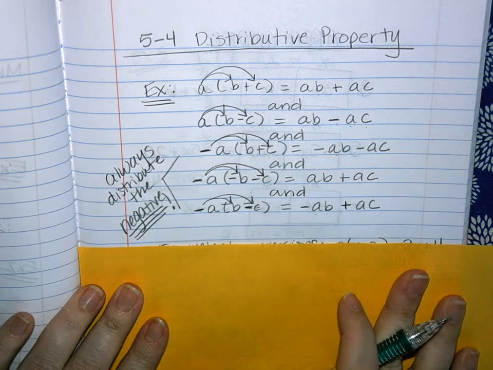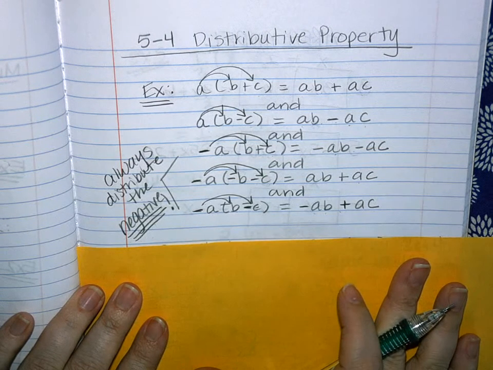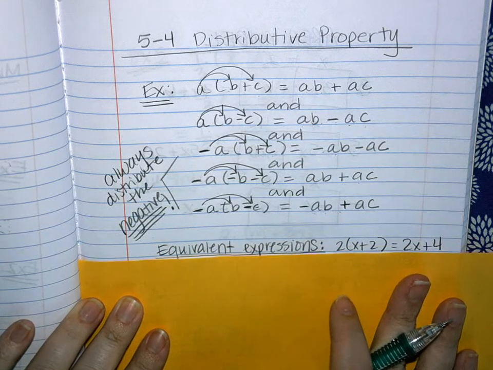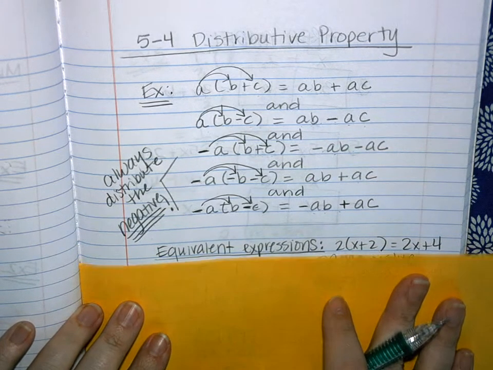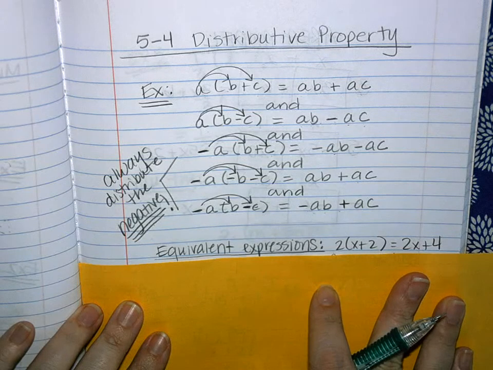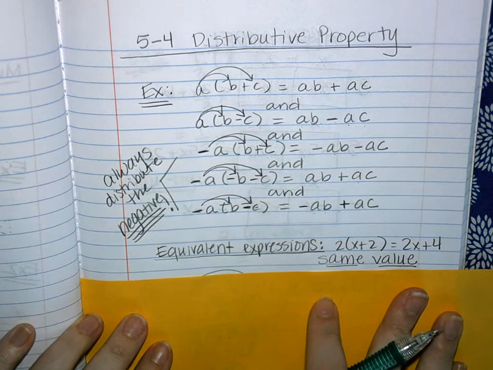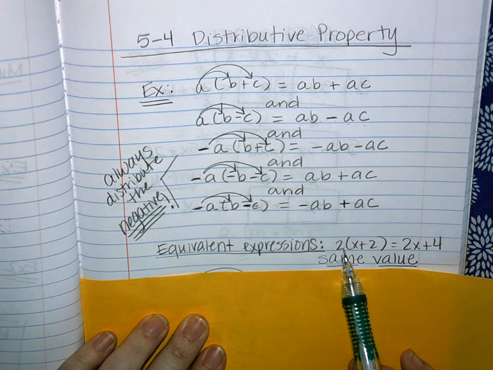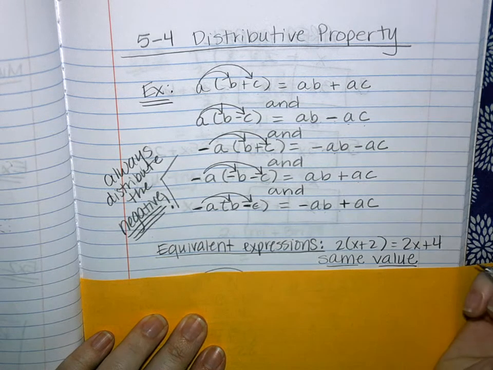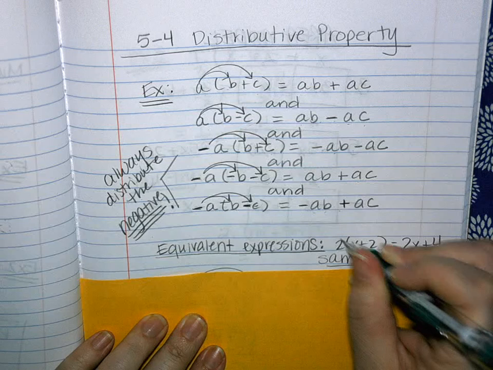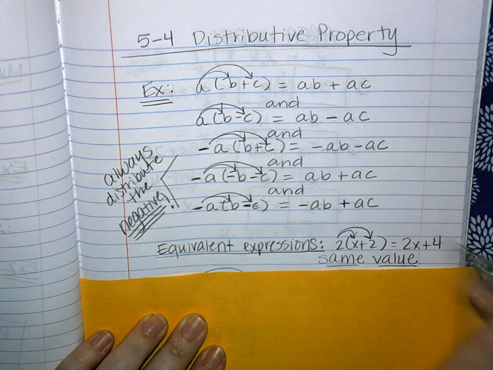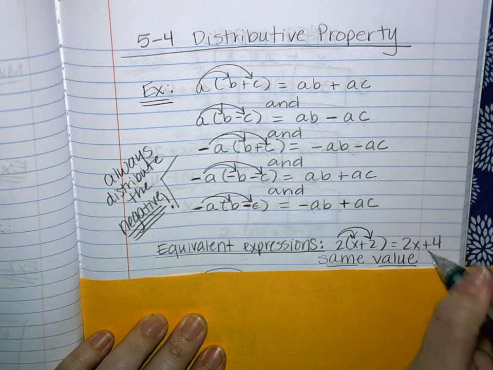Okay. So let's try this with real numbers because these letters are kind of goofy, right? Let's try numbers. Okay? So we have this thing and it's called equivalent expressions. It just means you're going to get the same value. Equivalent means equal, right? So if you're going to distribute 2 times x plus 2, so rainbow there and a rainbow there, that's 2x plus 4.